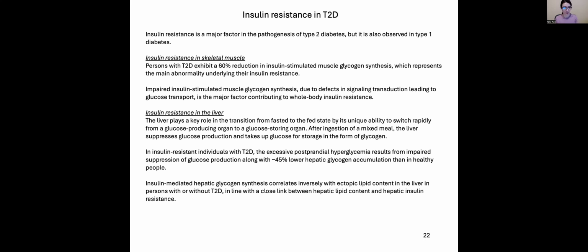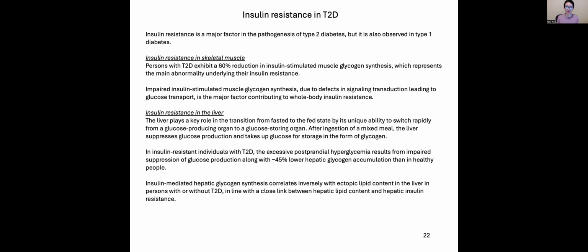So insulin resistance in the liver. So the liver plays a major role, right? It is required to help us transition from fasted state to fed state and back to fasted state. So when we are fasted, the liver performs gluconeogenesis to put out glucose to make sure that our circulating glucose is maintained at a steady level.